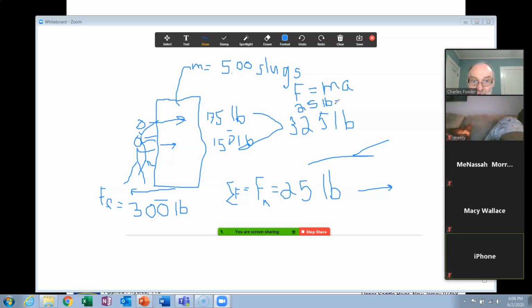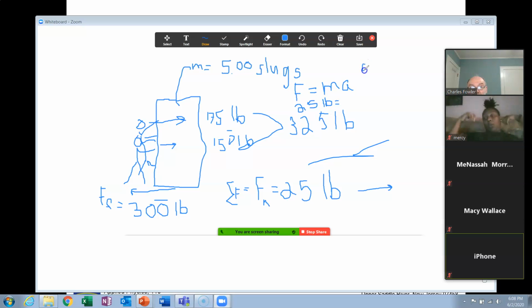And that's equal to the mass, which we know to be 5 slugs. Why am I writing mass then? Let me erase that. Okay. Actually, it would be better if I do it this way. We're looking for acceleration. So let's solve this equation for acceleration.